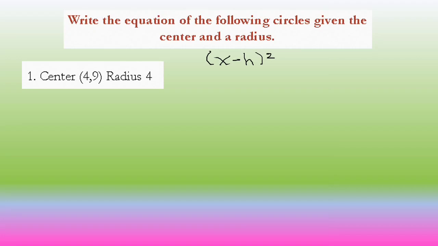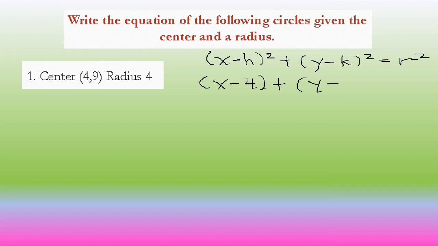So we have (x - h) raised to 2 plus the quantity (y - k) raised to 2, and that is equal to r raised to 2. So the center is (4, 9). We are just going to replace h by 4, then k is equal to 9 raised to 2, and of course 4 raised to 2, that is equal to 16. So this is the standard form of the equation of the circle.